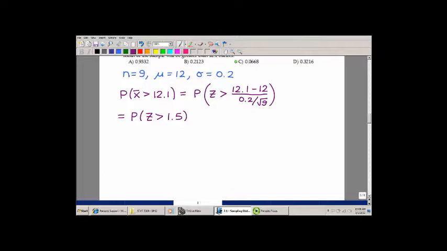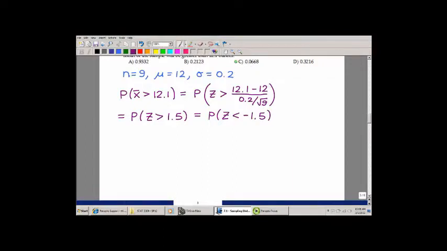I'm going to assume that by now we know how to read the chart, but I do want to mention that, remember, for greater than, you have a couple ways. You can either do 1 minus this value, but in my class, most of the time you've seen me do this, where we flip it over and change the sign. Because remember, the chart is always based on less than, area to the left. So if you're using the chart, you would use negative 1.5.